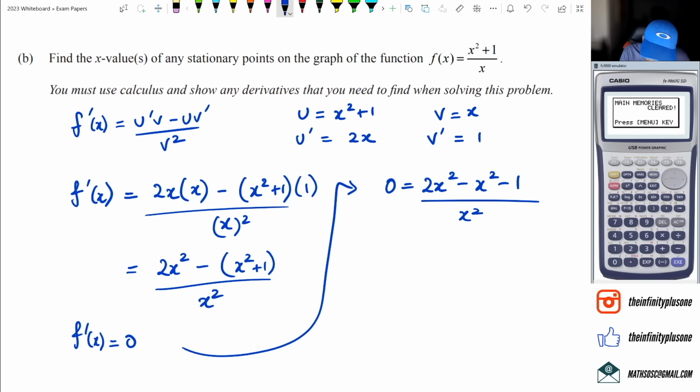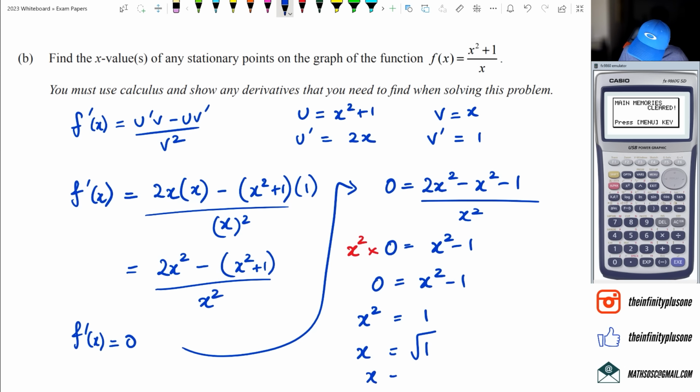Now cross multiplying the x squared, I've got 0 is equal to 2x squared minus x squared, which is just x squared. So what I've got here is basically 0 equals x squared minus 1, or I could say that x squared is equal to positive 1. Of course, taking the square root of 1, you are going to get plus or minus 1.